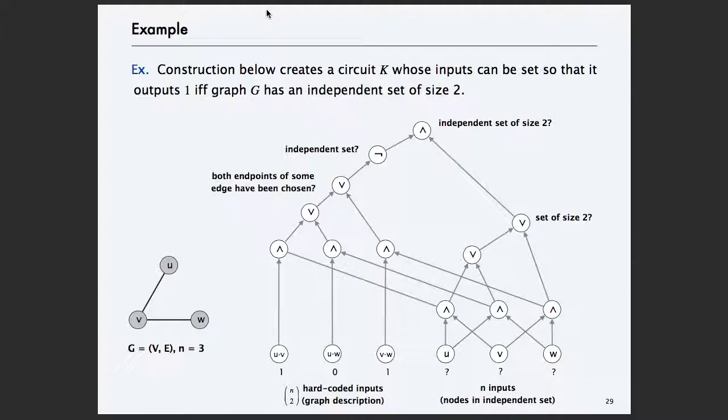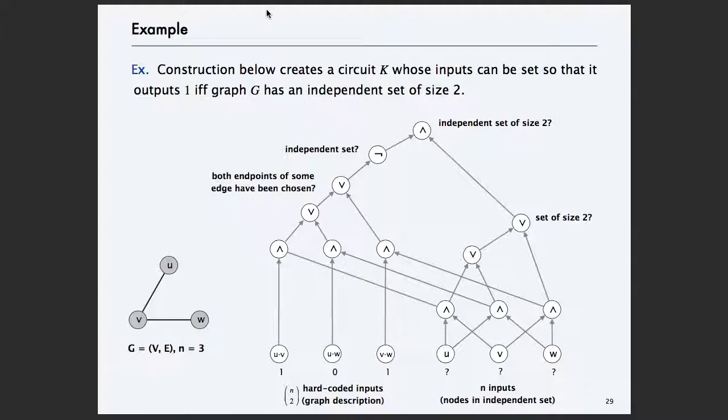And this was kind of the example for transforming this graph and the independent set problem into a circuit satisfiability problem, right? Where on the right we have set of size greater than or equal to 2, because if you have a set of size 2, then you have a set of size 3, right? And so these are the edges. UV, we have an edge, so we have a 1.